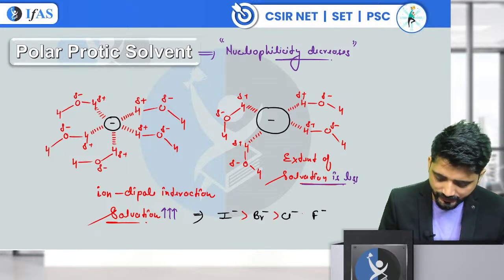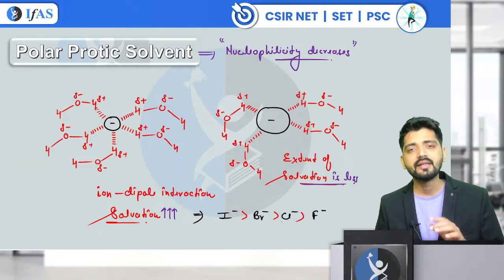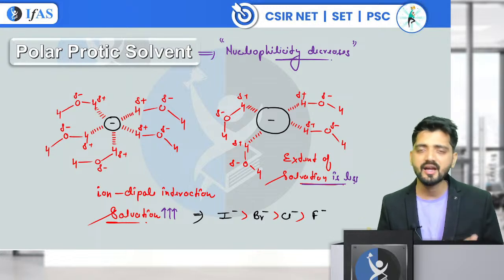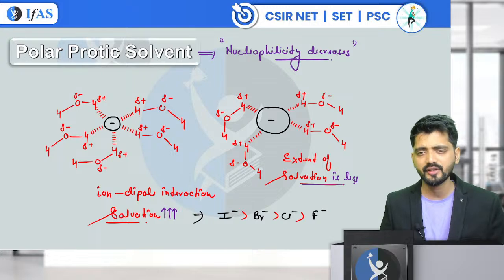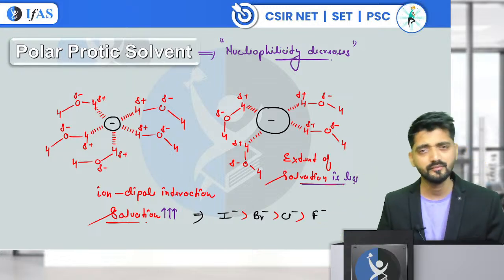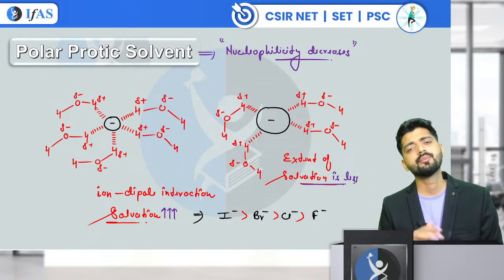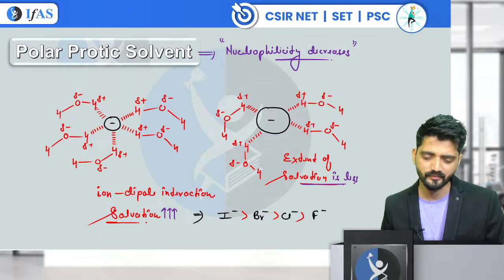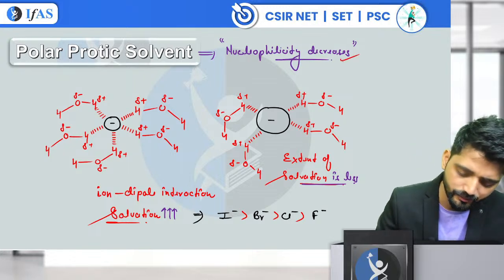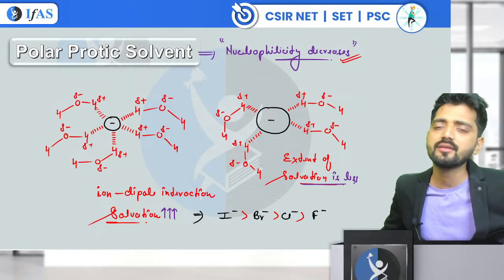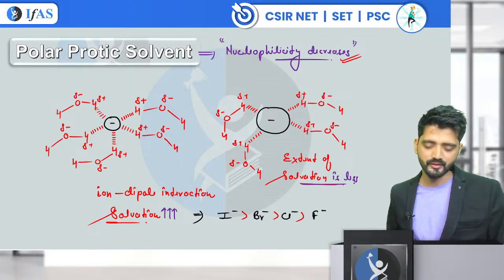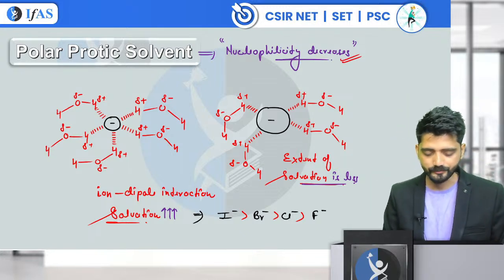But inside, we also know that nucleophilicity must have decreased a little bit for each one of them, and the extent of decrease will be more for a smaller size anion as compared to a larger size anion. But the main effect which a polar protic solvent has on a nucleophile is that it decreases its nucleophilicity. So this can be the order.